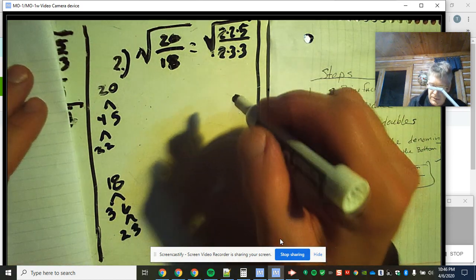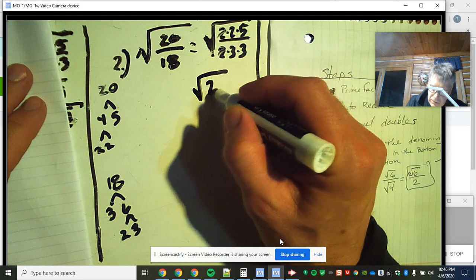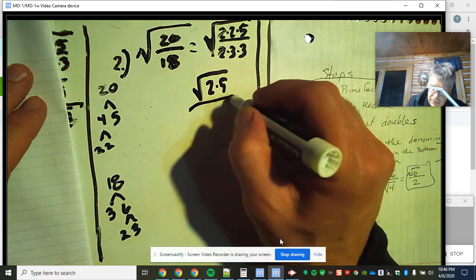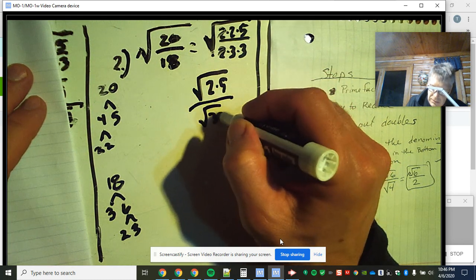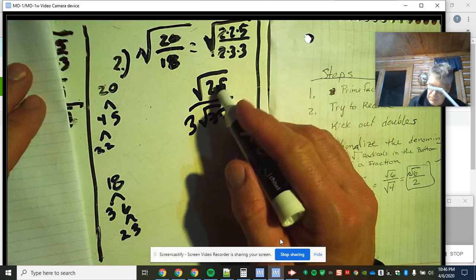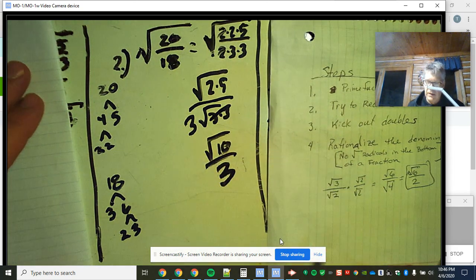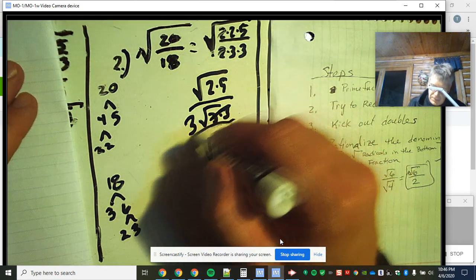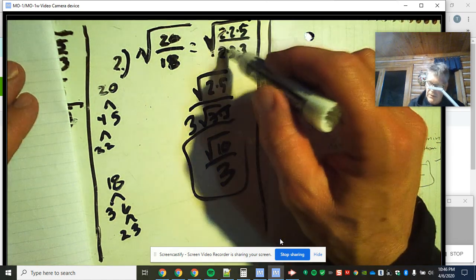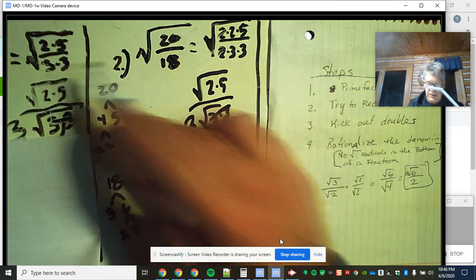After reducing, I'm going to break it up into 2 times 5 over 3 times 3. Well, the 2's are going to kick out 1. And then put 2 and 5 together, and 2 times 5 is 10, over 3. So now that one you can reduce. This first one you couldn't reduce.